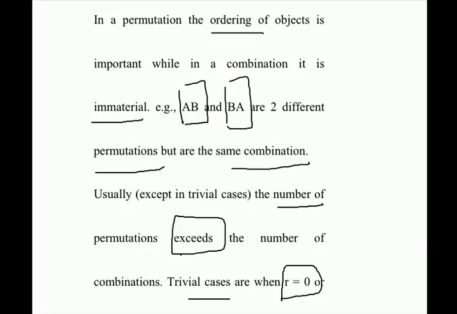So AB and BA are different permutations but the same combination. That is the critical difference. Now you do not really need to remember whether a question is asking you to find a permutation or a combination or a factorial. You just deal with the question logically, and then at the end of it, when you know what you have to find, you can use the appropriate formula.